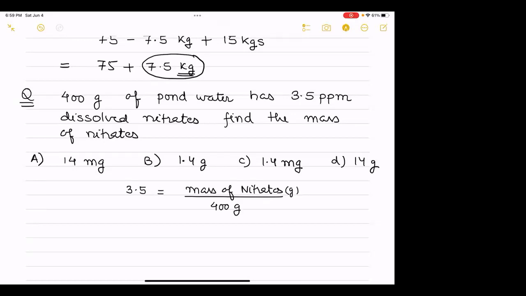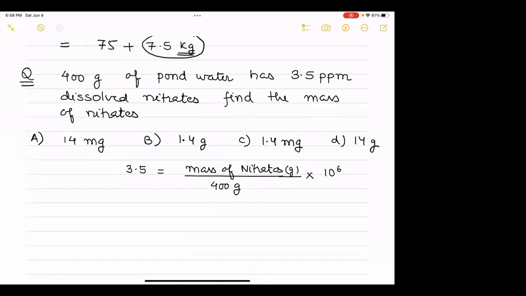The units of mass should be the same in the numerator as well as the denominator, into 10 to the power 6. So 3.5 into 400 into 10 to the power minus 6 grams is the mass of nitrate.